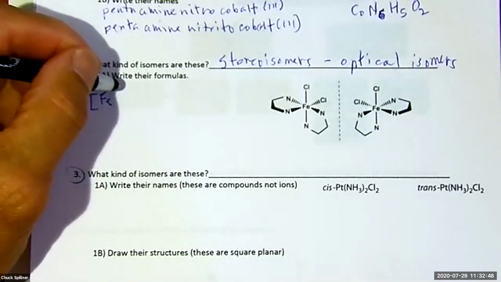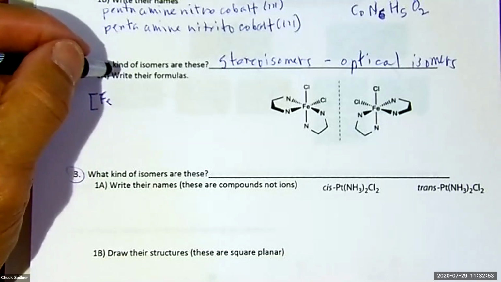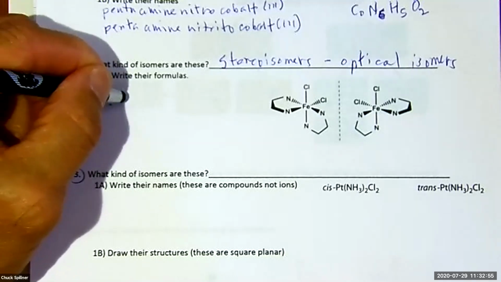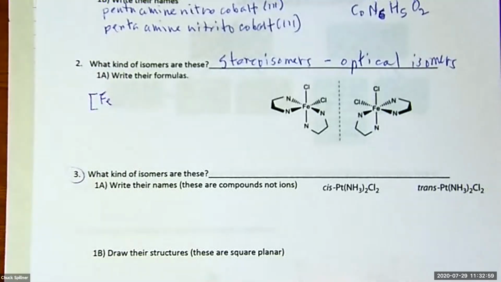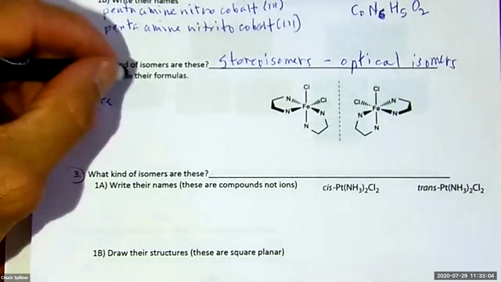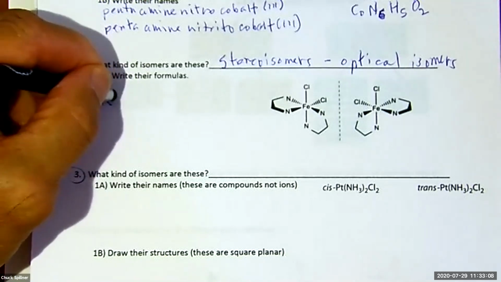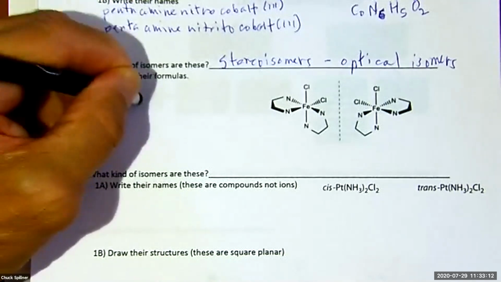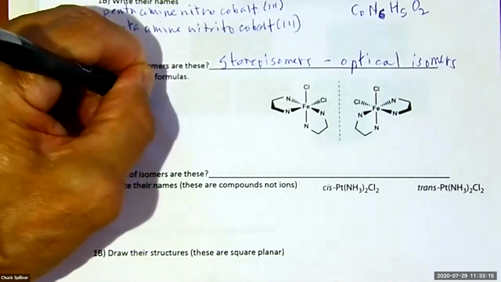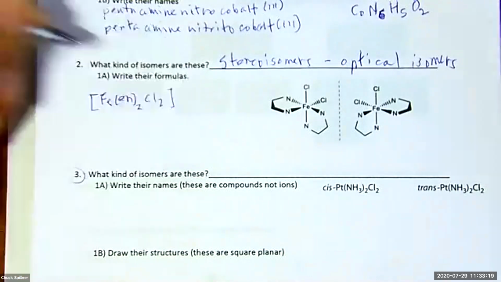We have en, ethylenediamine 2, and chloro 2. So ethylenediamine is a neutral molecule. So remember when we write the formulas, the neutral ones go first, and the anions go second. So this is en2, and then Cl2, and that's in brackets. So that's the formula.